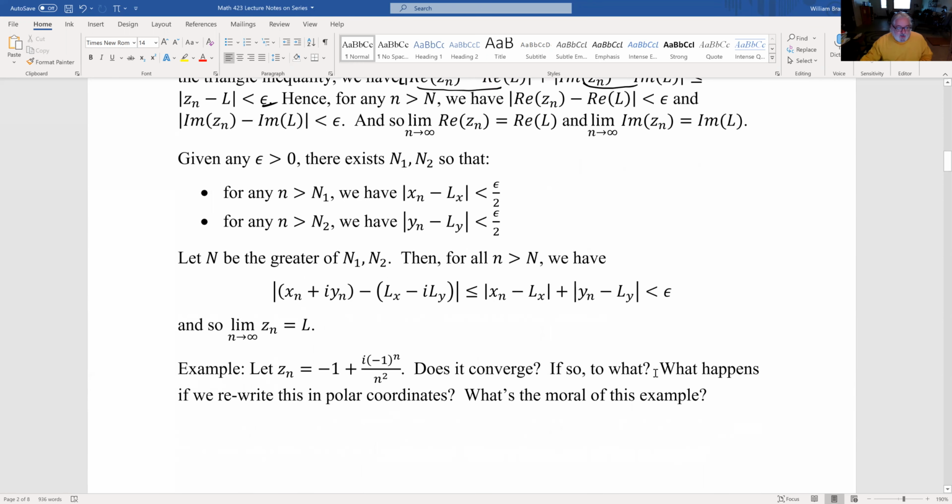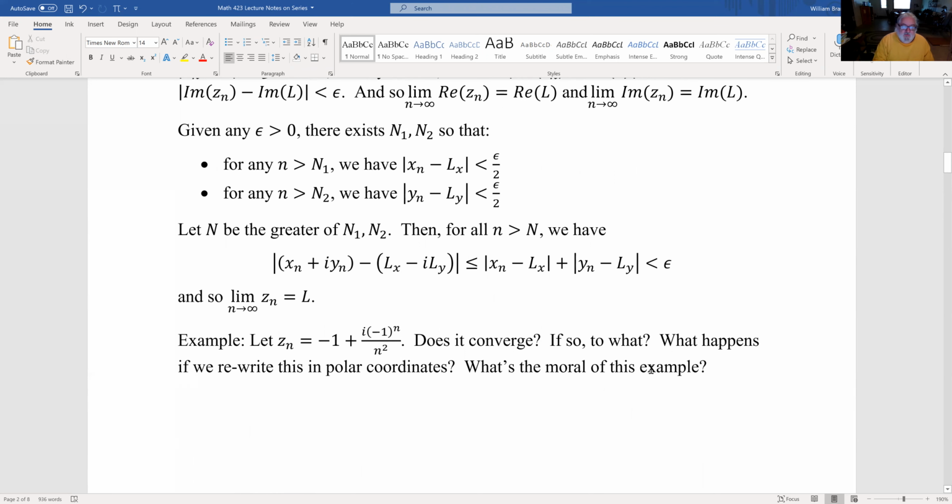But to go the other way, we have to actually say, pick an epsilon greater than 0 so that if n is bigger than N1 and n is bigger than N2, we have these things. So my xn's are within epsilon over 2 of Lx, my yn's are within epsilon over 2 of Ly. Then what's the distance between the sequence Zn and the thing that I want to be the limit?